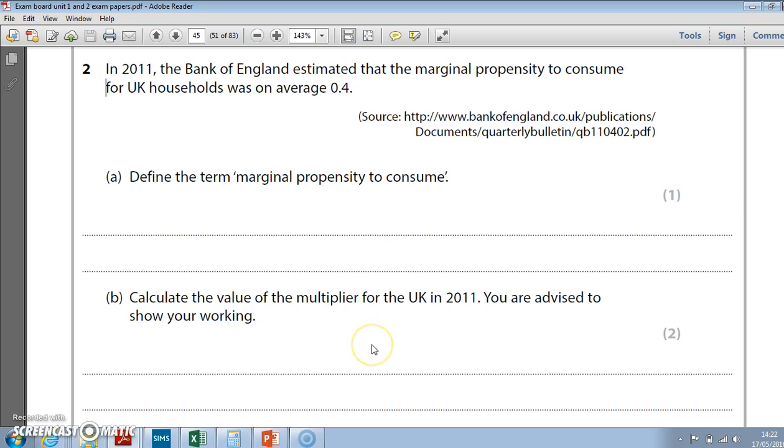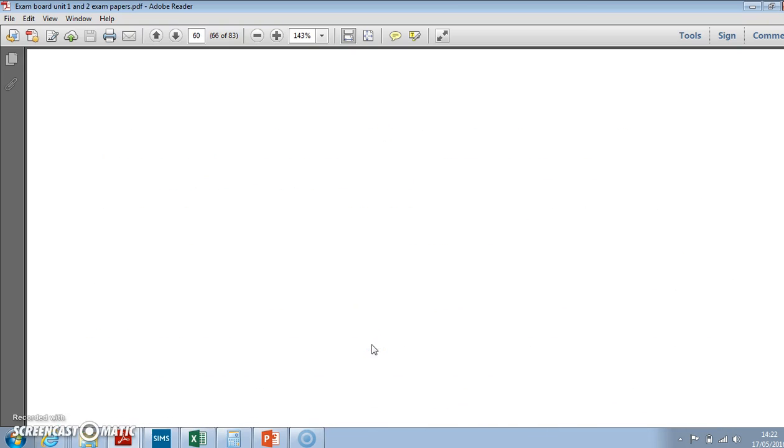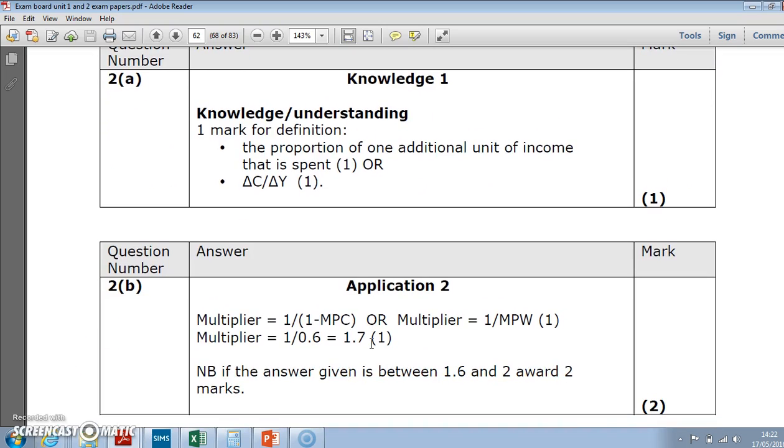Calculate the value of the multiplier for the UK in 2011. You're advised to show your working. Now, the multiplier has its own special equation that you basically need to know. If you check in the mark scheme, they will accept one of 2 different answers. There are 2 ways to work out the multiplier. The easiest one that I would use is 1 over 1 minus MPC, because we know what the MPC is.